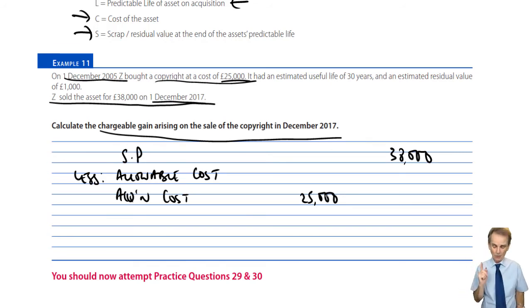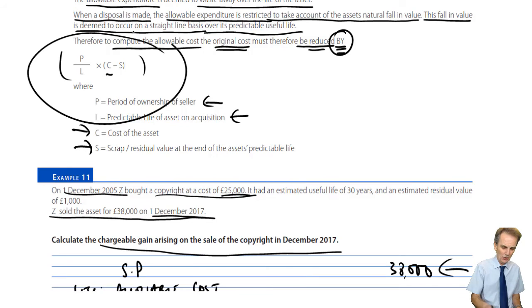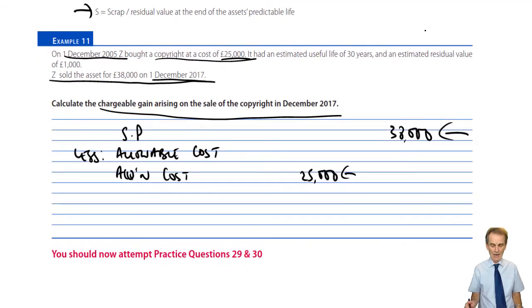So don't here be concerned by or think you do something else just because now when you sell for more than the original cost. This exercise with this restriction being applied, reducing the original acquisition cost by that figure, this always applies. Whether it has gone up or gone down in value doesn't matter. So less.